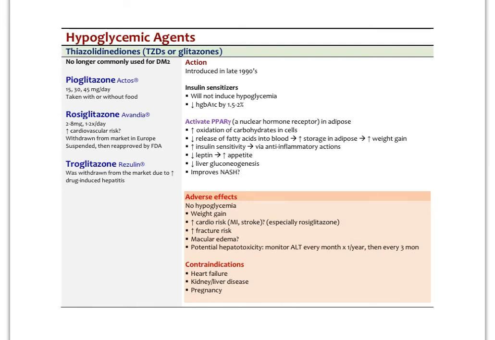It was suspended by the FDA here. It's been recently reapproved, but I don't know of anyone using this anymore because there was an increased concern about increased cardiovascular risk, and the troglitazone was withdrawn from the market due to increased risk of hepatitis. So pretty much it's pioglitazone that's still on the list here.